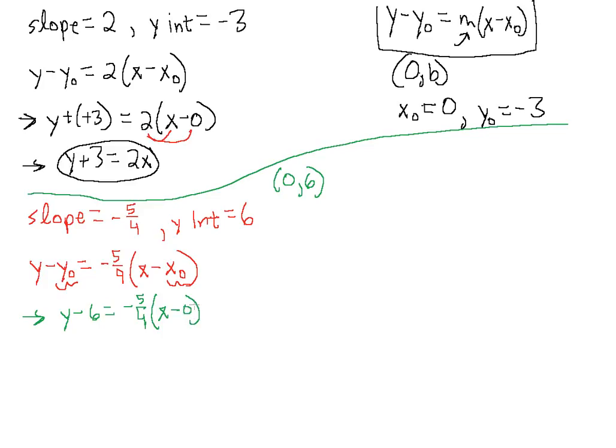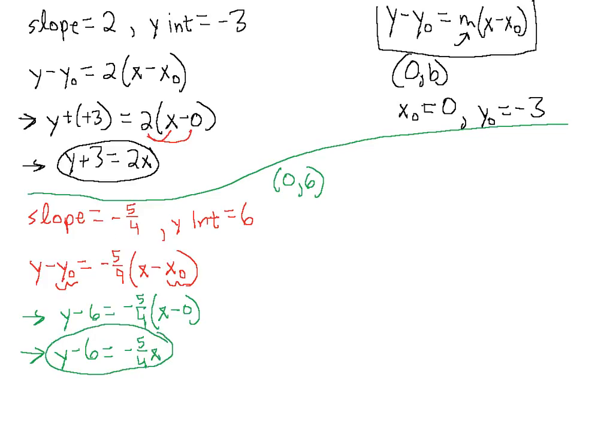Okay, and you get the idea that whenever we're given the y-intercept, we actually have an easy point because we only have to distribute this slope once, because this is just a 0 term. So our equation is y minus 6 equals minus 5/4 x. And that's our answer.